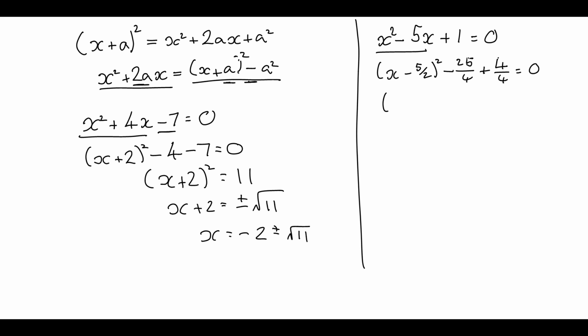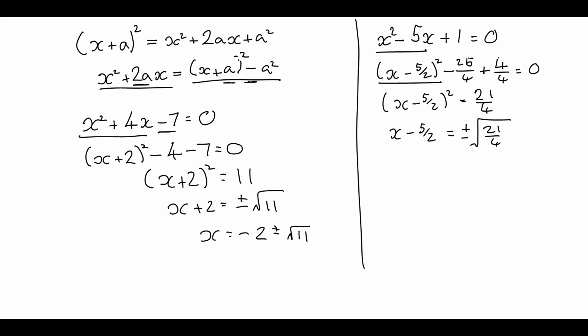So now I'm going to isolate the bracket, so that's x minus 5 over 2 squared equals 21 over 4. I'm now going to get the x minus 5 over 2 on its own, so that's going to give me plus or minus every time the square root of 21 over 4.